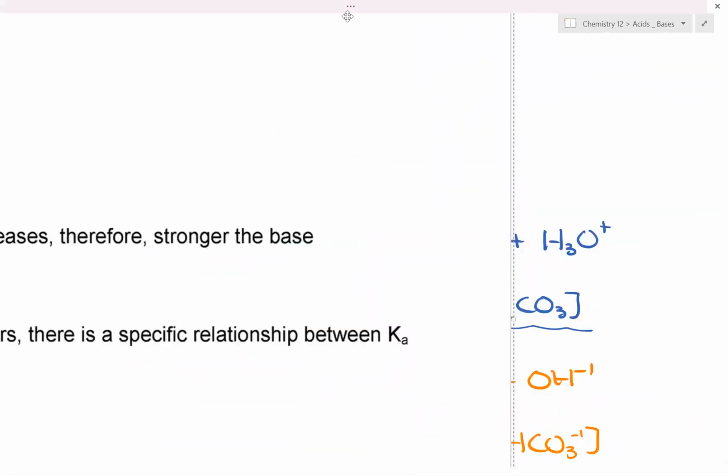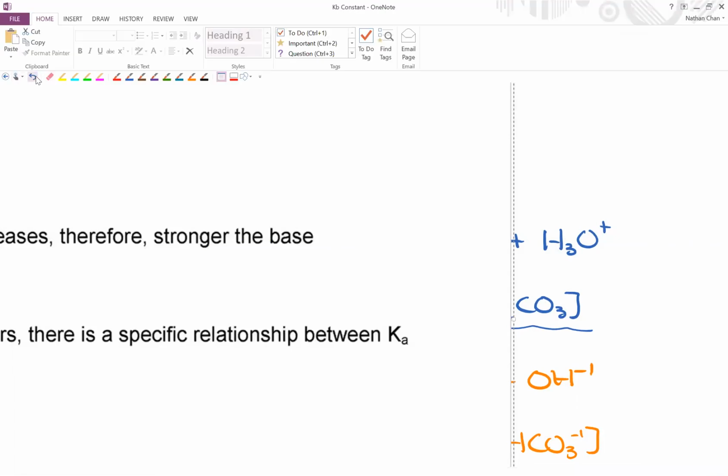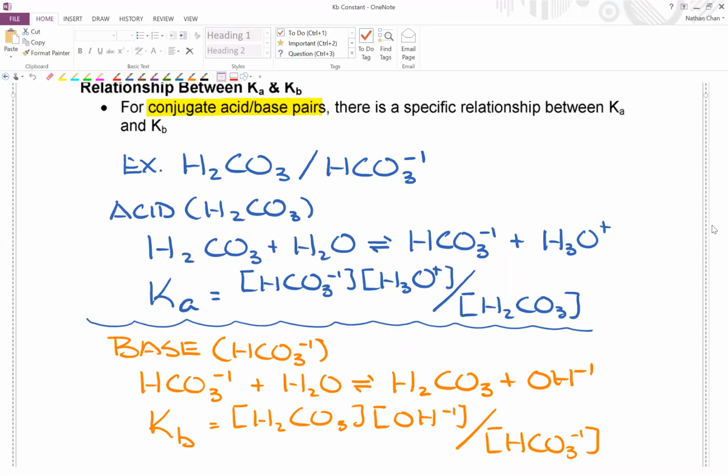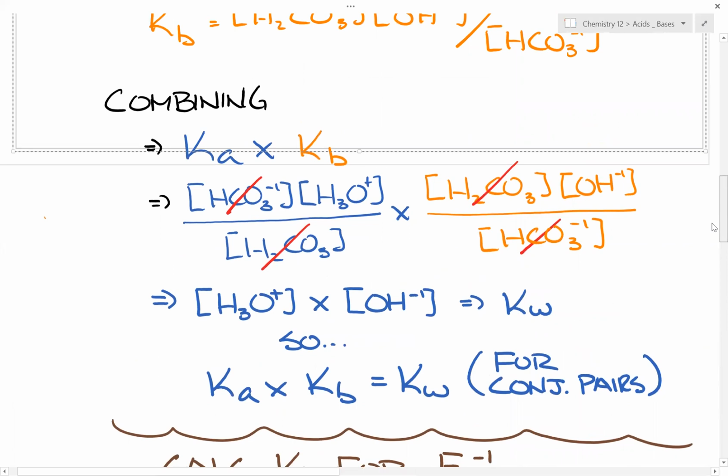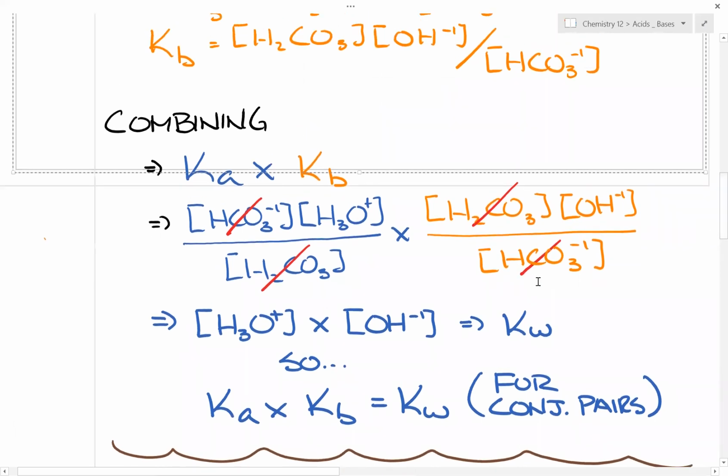What happens is if we combine the Ka and Kb expressions by multiplying them together, we can cancel out like terms, as highlighted in red.